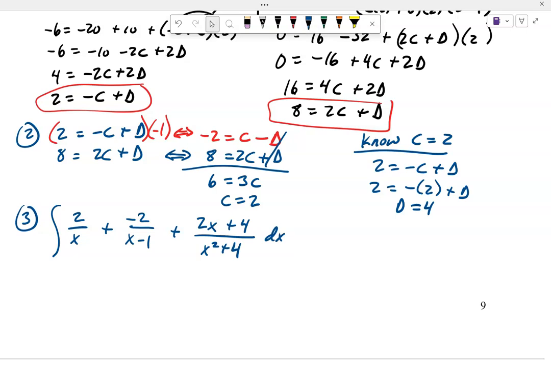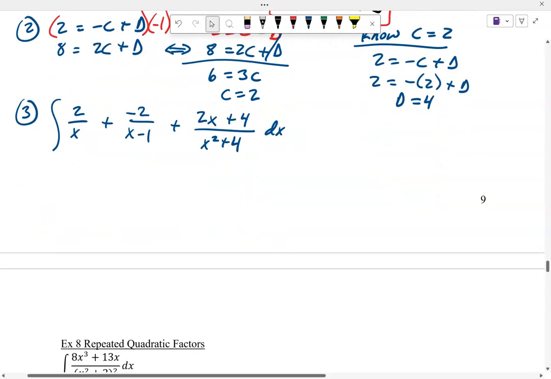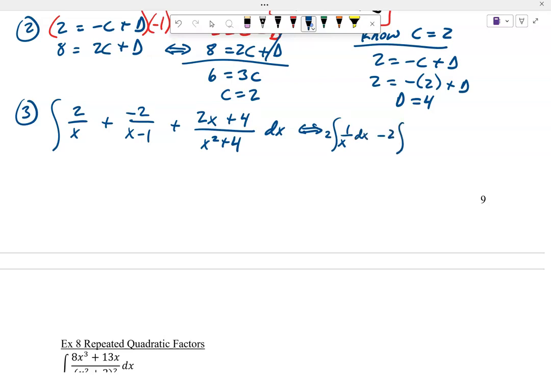Okay. And so let me rewrite this as the integral of, this one won't be an issue. This one won't be an issue.